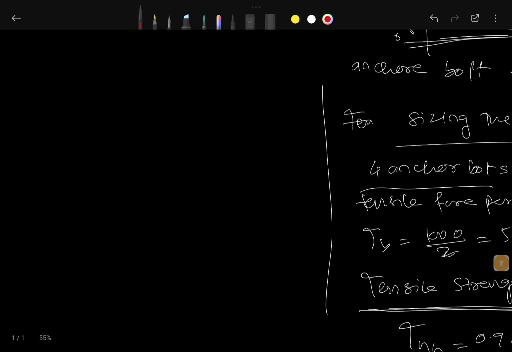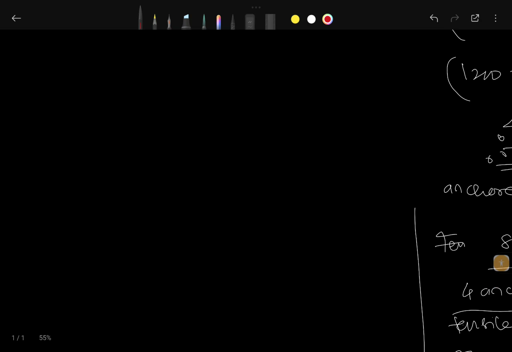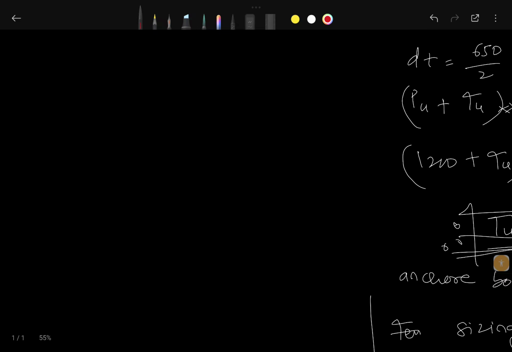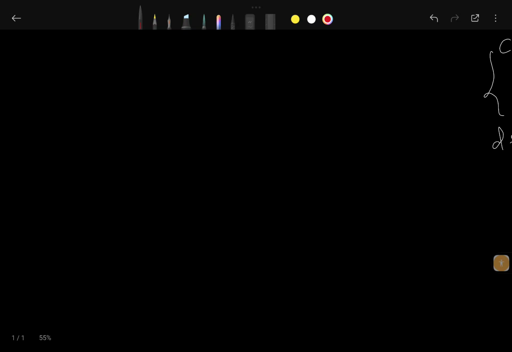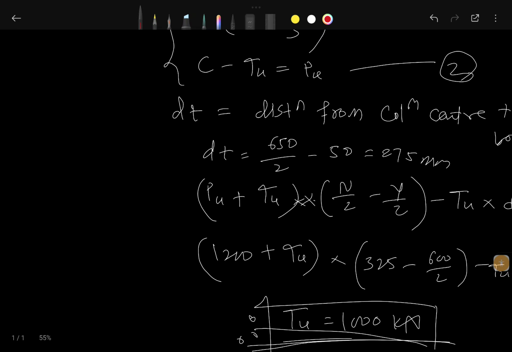Step one: we consider the base plate weight, then with respect to that weight we calculate the depth, and from that depth we consider the bearing stress and the eccentricity, how much eccentricity will come in the structure.